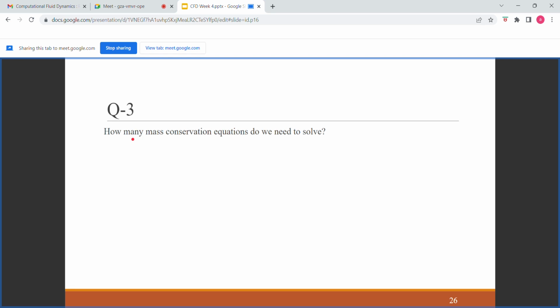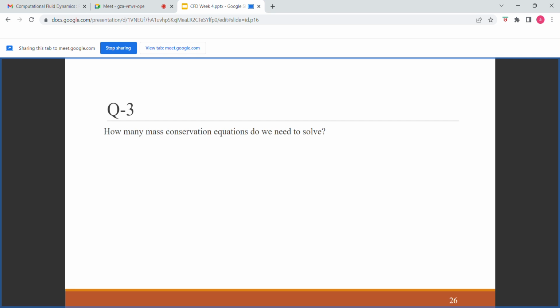How many mass conservation equations do we need to solve? In this, we'll be solving generally the governing equations: continuity equations, momentum conservation equations, and energy conservation equations.